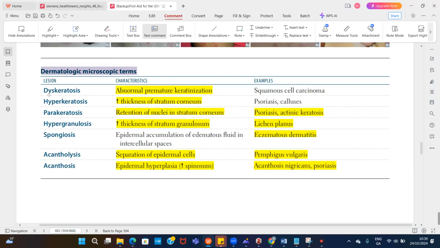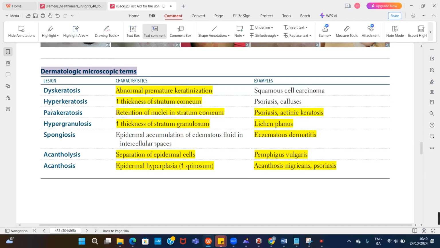So that keratinization is premature keratinization, and that is classic for dyskeratosis. One leading cause is when the cells are proliferating uncontrollably. Example, squamous cell carcinoma. If there's a skin tumor and the squamous cells are proliferating abnormally, producing a lot of keratin, you can have dyskeratosis because they are not going to wait till they become mature before they start producing their keratin.